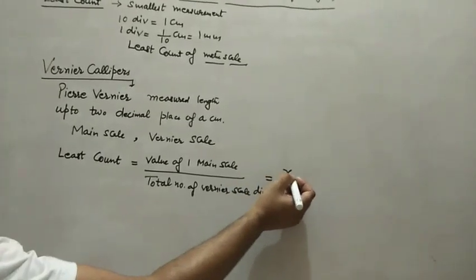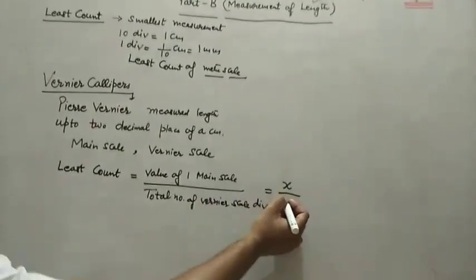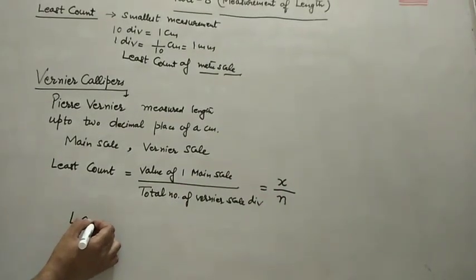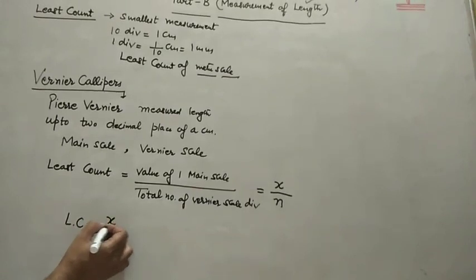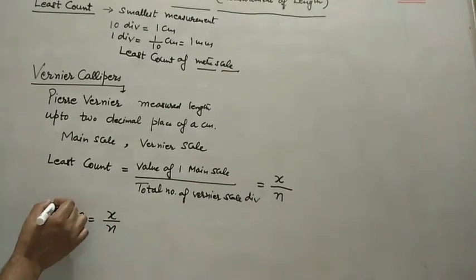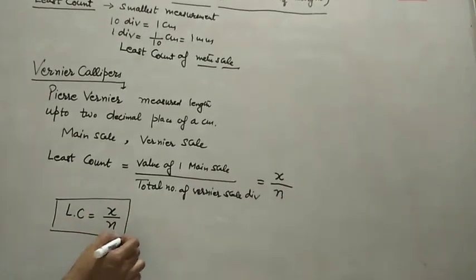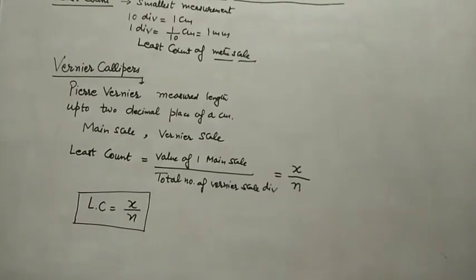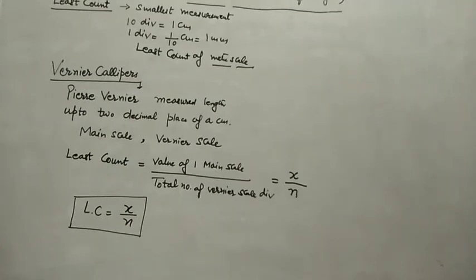So let it be x, and total number of divisions are n. So the LC formula for the vernier caliper is x over n. This formula you have to learn. It is very important while solving numericals. It will really help you.